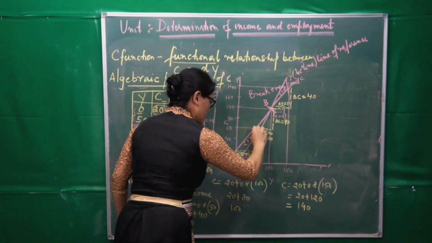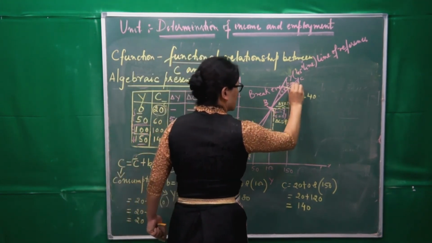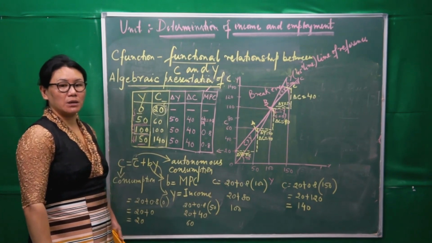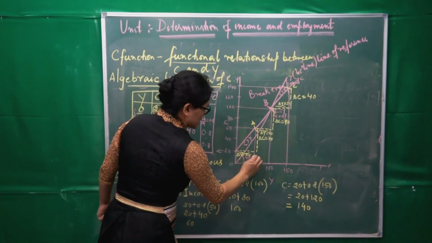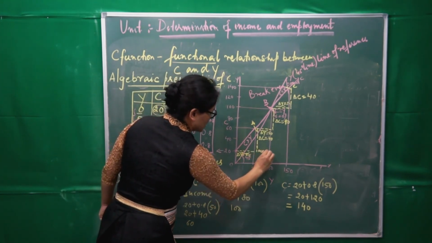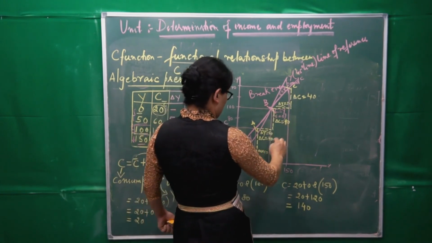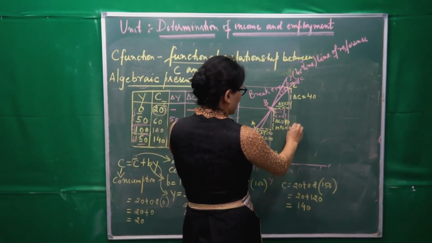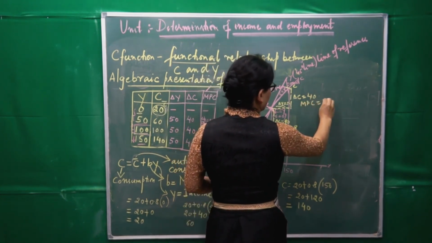So we take this as A, B, and this as C. When we find MPC here, MPC remains constant. So here MPC is 0.8. Here also, these two MPC is 0.8. Here too MPC is 0.8.